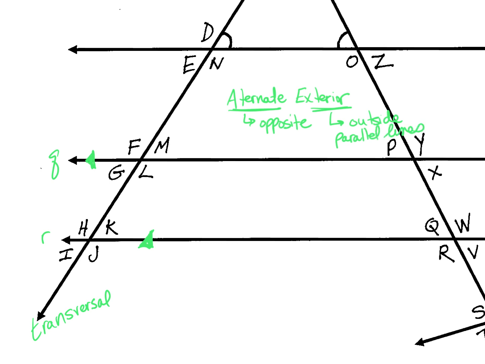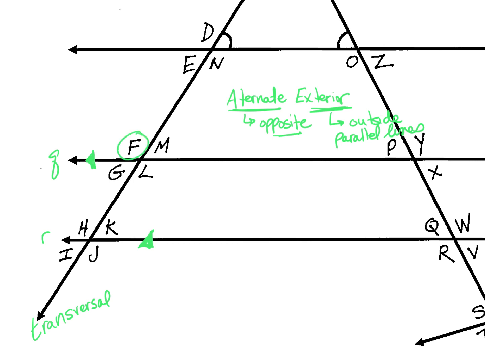The first word refers to the position of the angle on the transversal, and the second name, exterior, tells us where the angle is positioned relative to the parallel lines. So I'm looking for a pair of angles on opposite sides of the transversal that sit on the outside of the parallel lines.